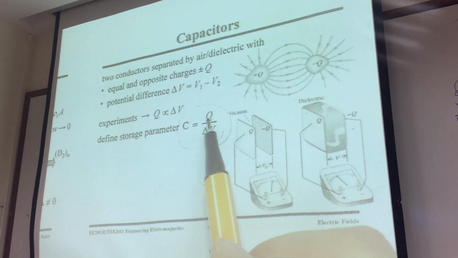How do you find Q? If you want to find Q, you need to find D or E, right?